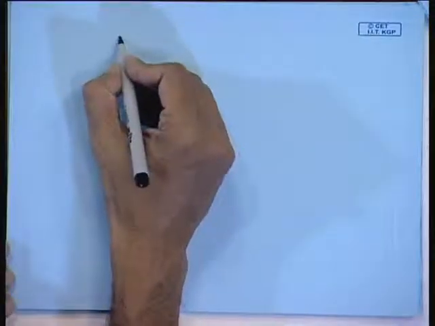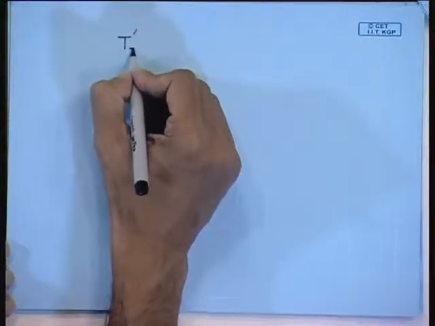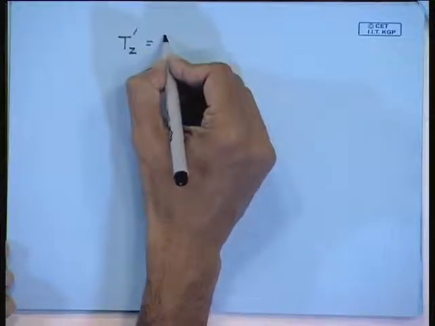So how do you start? T prime Z, that is the correction after the water pressure, is T prime cos phi or sin phi?